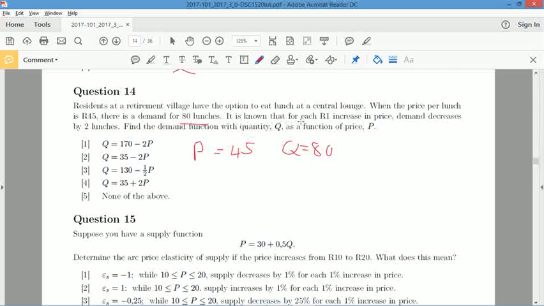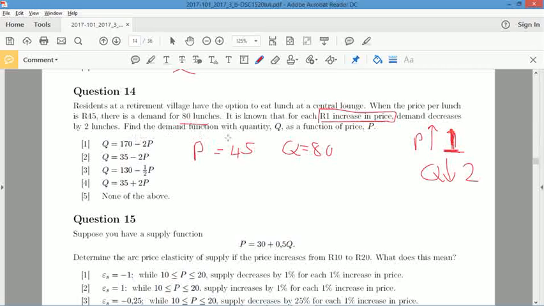It is known that for each 1 rand increase in price, demand decreases by 2 lunches. So every 1 rand increase in price will lead to quantity decreasing by 2.